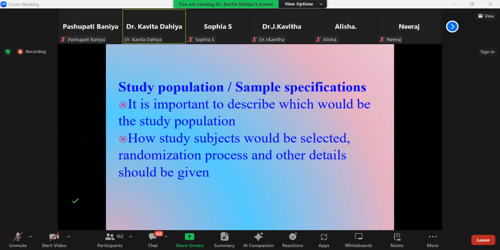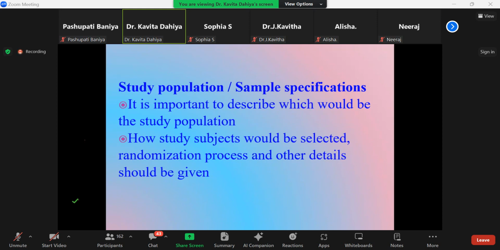Study population and sample specification. The study population is very important to understand because it is the major part of the study. Out of this study population, you select the sample if required.